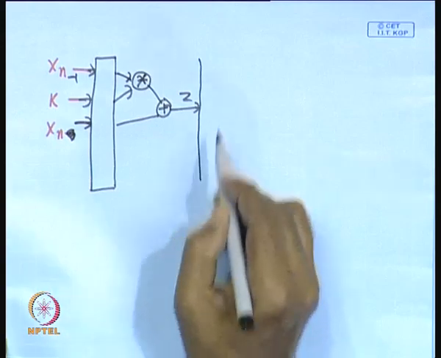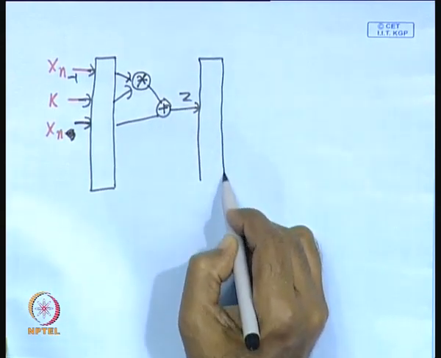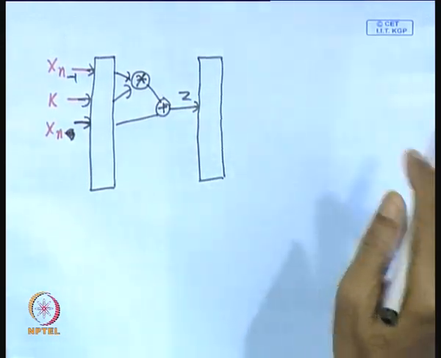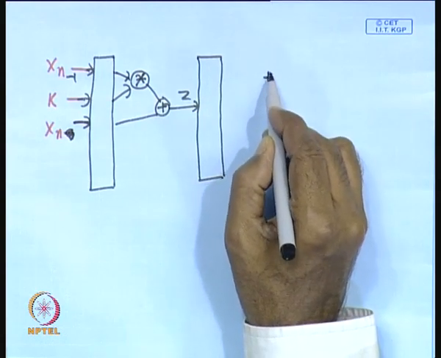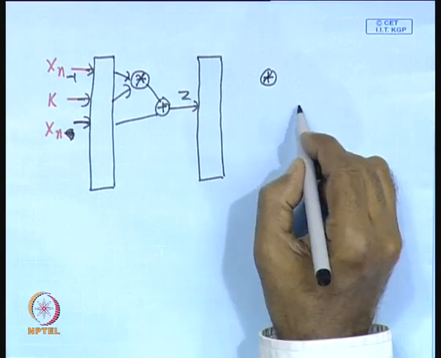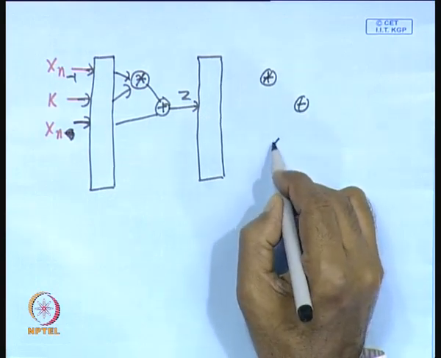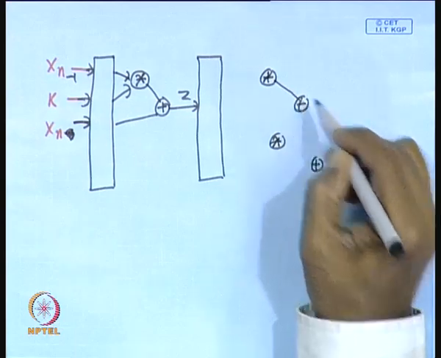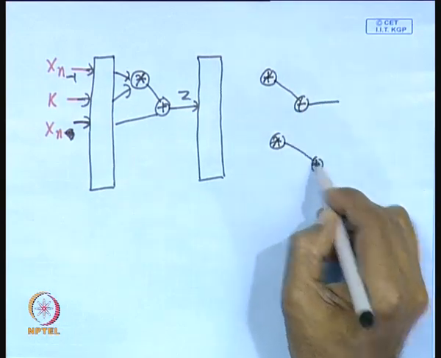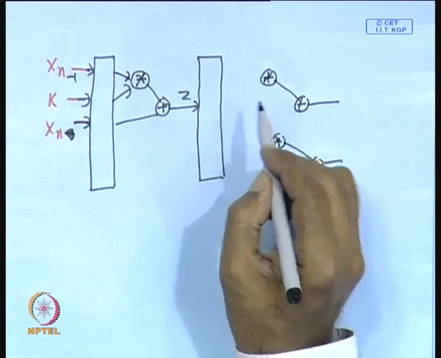Now, you will require another stage, and there you will be requiring multiplier, adder, multiplier, adder. So, what will we be applying here?